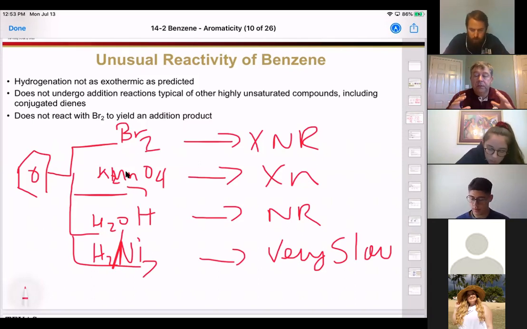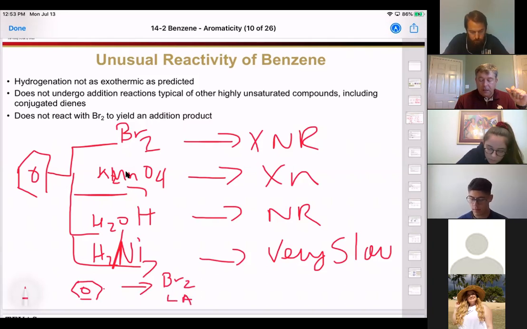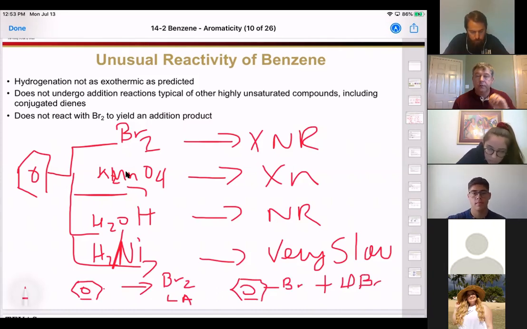And one of the first things that was noticed was, instead of having this bromine add across the double bond, if you added the correct catalyst, instead of getting addition where it would lose some of your double bonds, if you added bromine and a Lewis acid catalyst, and we'll talk about those in a minute, you actually get substitution reactions where one of the bromines ends up on the ring and the other one is kicked out with the hydrogen that used to be on the ring, okay? So benzene doesn't like to undergo addition reactions, but it does do substitution reactions, okay?